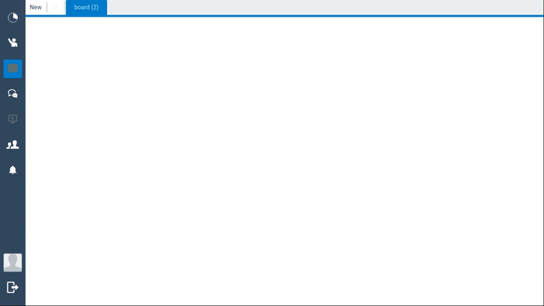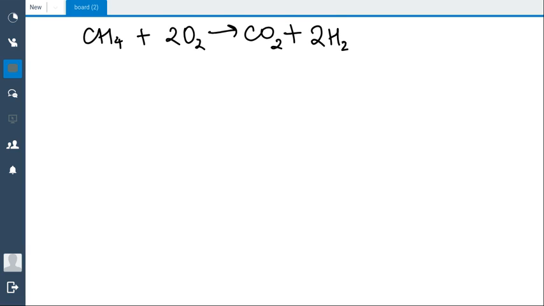In the last equation which I wrote, I'll write once again, CH4 plus 2O2 gives CO2 plus 2H2O. So in this, for stoichiometry, you have to remember one thing. Last class we studied about moles. Now we have to equate moles with grams.